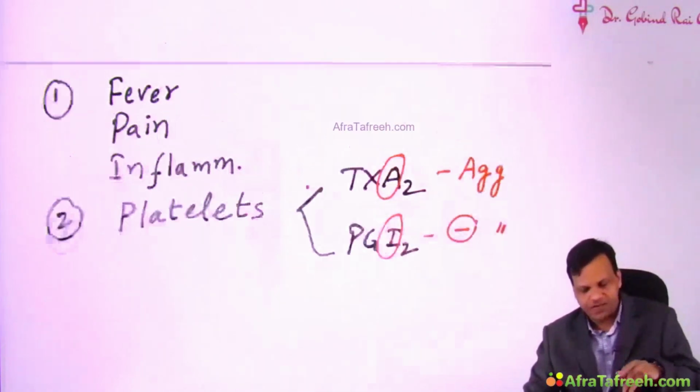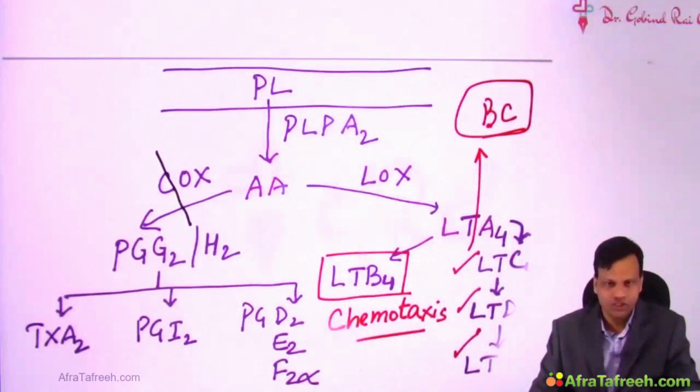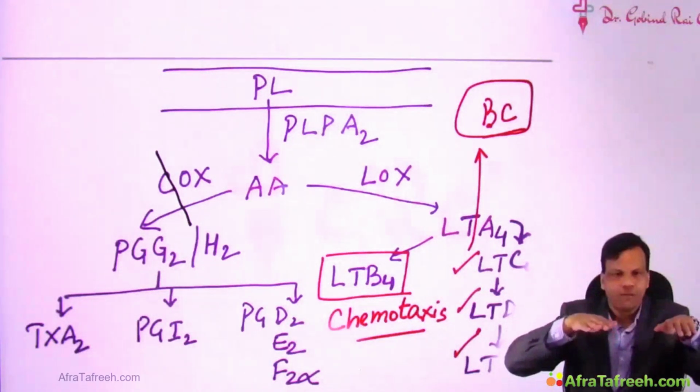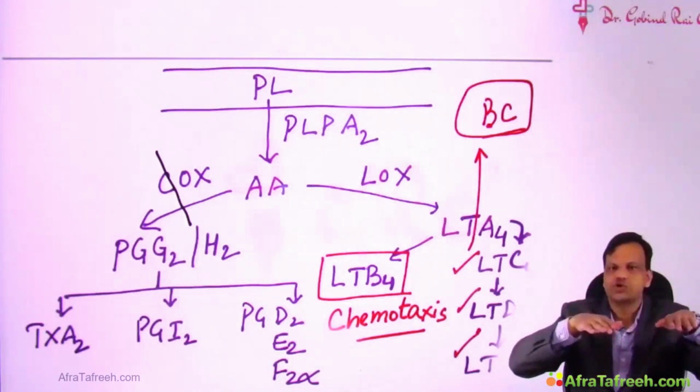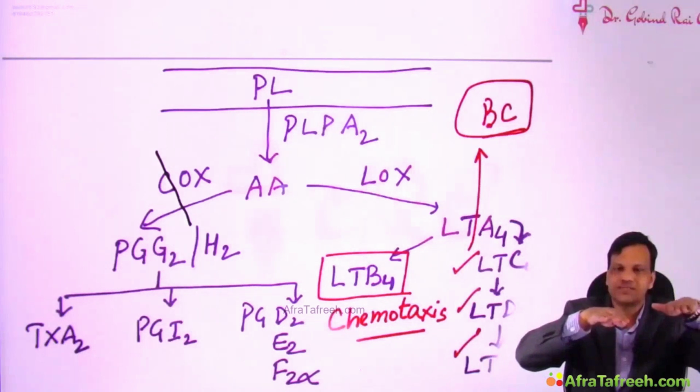When we give an aspirin-like drug, which is an irreversible inhibitor of COX, initially both thromboxane A2 and PGI2 decrease. But because thromboxane A2 is produced by platelets, which do not contain a nucleus, new COX cannot be synthesized, so its production remains suppressed.